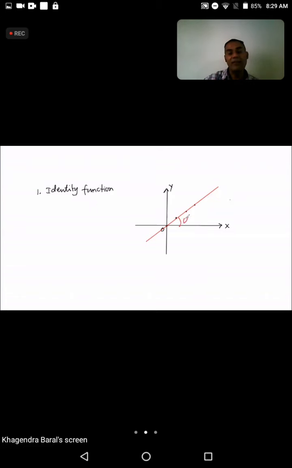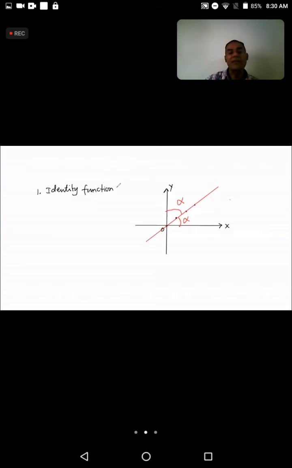So it passes midway between the two axes. Simply by observing this graph, you have to say the type of function. If the graph of a straight line is equally inclined to the axes, then it is the graph of an identity function.